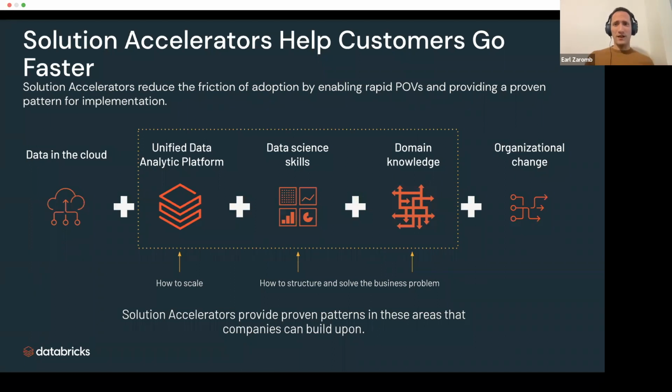We have domain experts here at Databricks that have worked with a wide variety of customers that have solved these types of problems. They have helped construct these solution accelerators to make it much easier for you to actually solve it yourself.